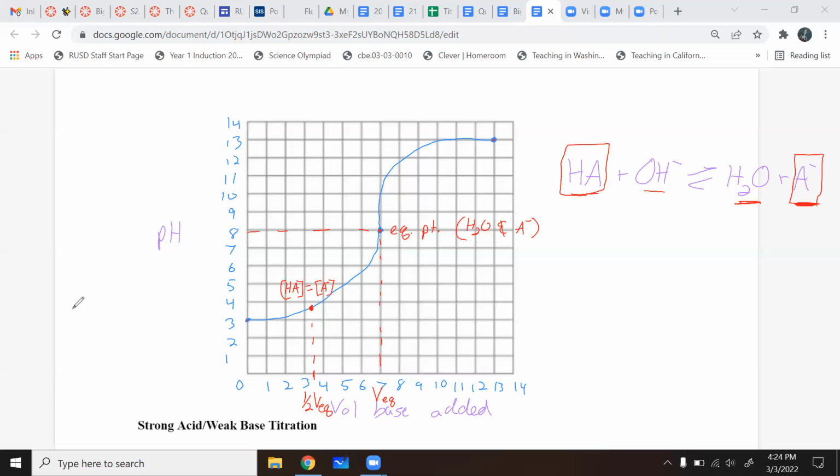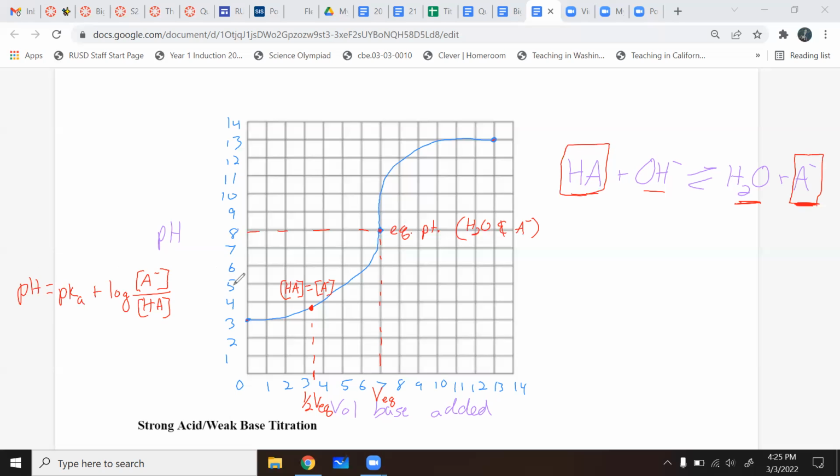Now that's important because we have to think about the Henderson-Hasselbalch equation. To remind you what that is, pH is equivalent to the pKa plus the log of conjugate base concentration over our acid.